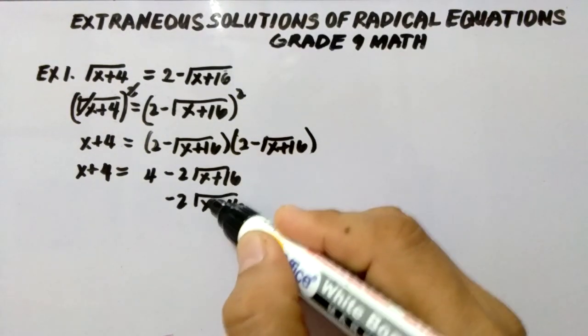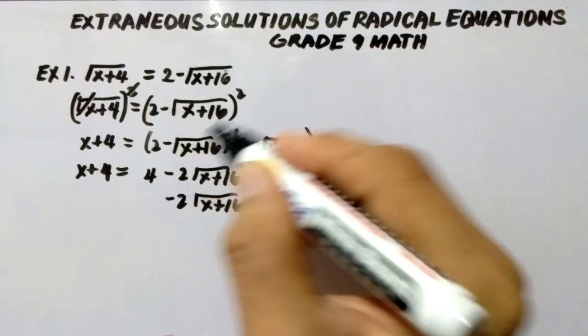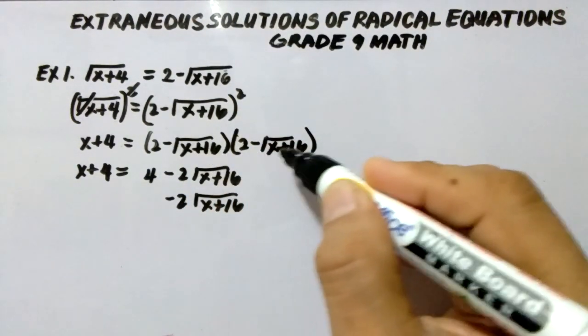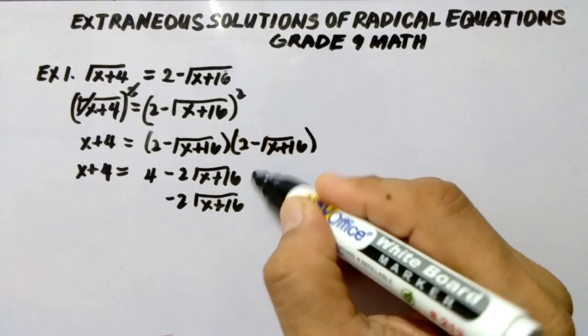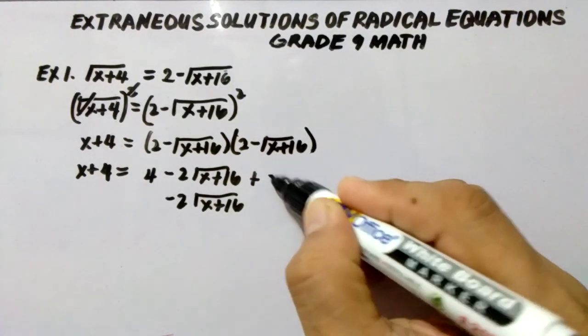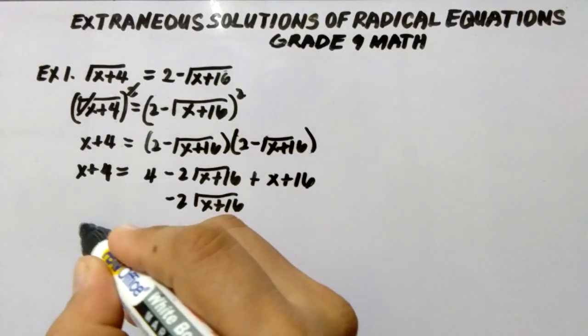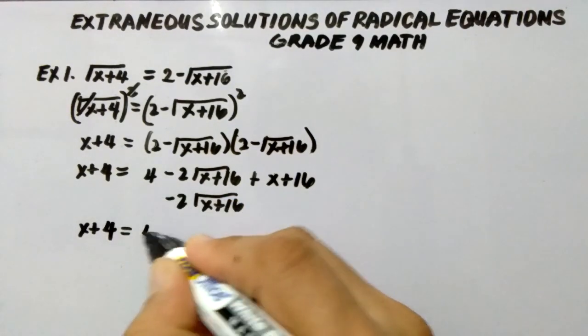Okay, so tinapat ko na po dahil ito po yung ating like terms. Then, last term, so we have negative square root of x plus 16 times negative square root of x plus 16. That is positive x plus 16. Then x plus 4 is equals to 4.